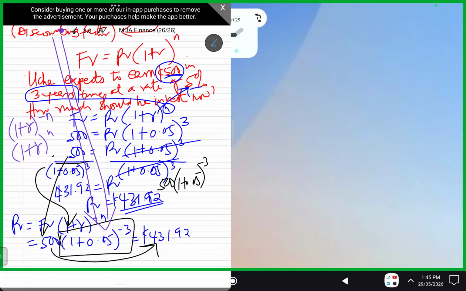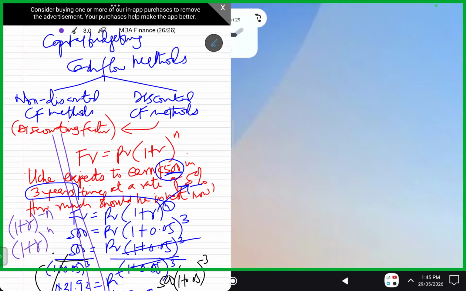So I'm back to the cash flow methods under capital budgeting: the non-discounted cash flow and the discounted cash flow methods. Non-discounted cash flow method means the cash flows, which are like future values, we don't use the discount factor for them.